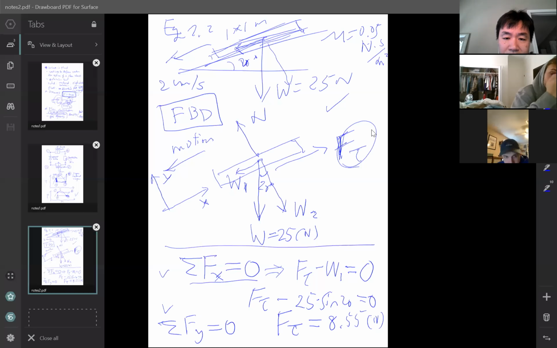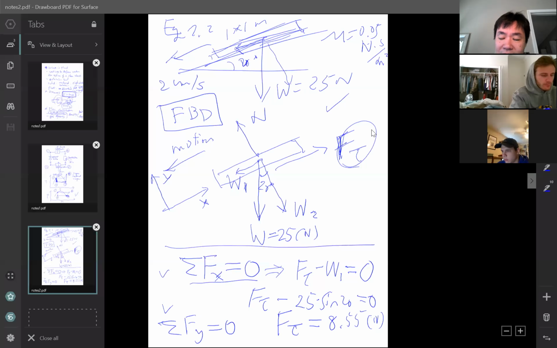So in this object, the board, you have a weight, with 2 components of the weight, W1 and W2. You should be able to calculate W1 and W2. The counter force will be the supporting force, which in this problem doesn't matter to us. We're not calculating that. If you want, you can still calculate N, no problem. It will be the same as W2.